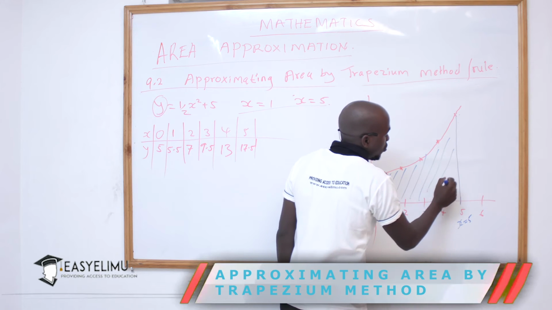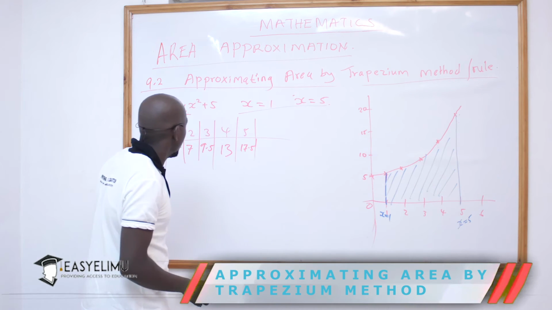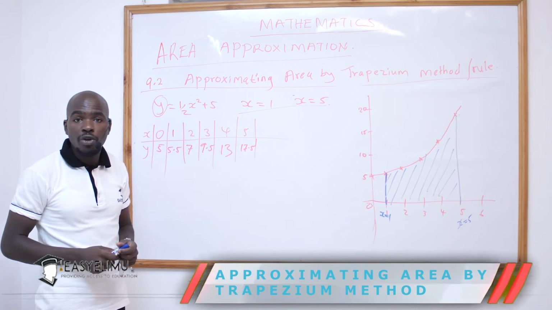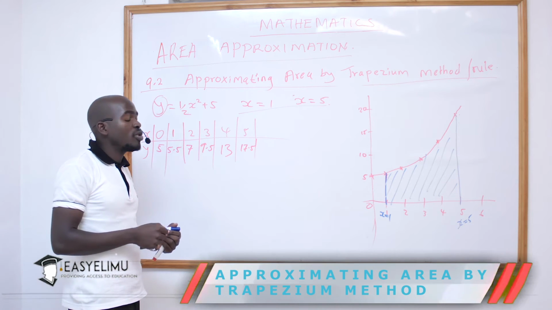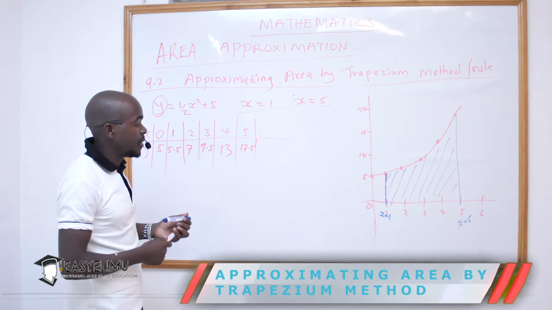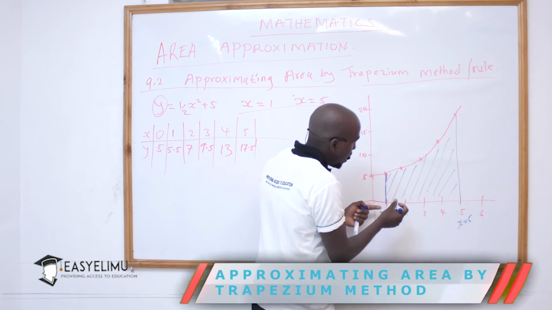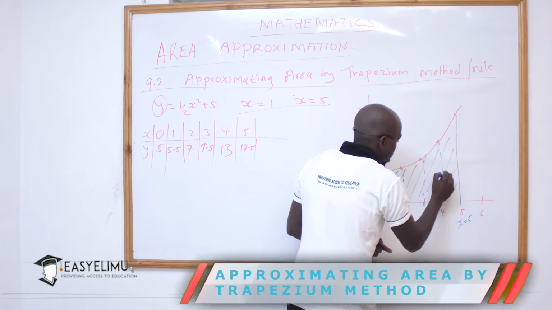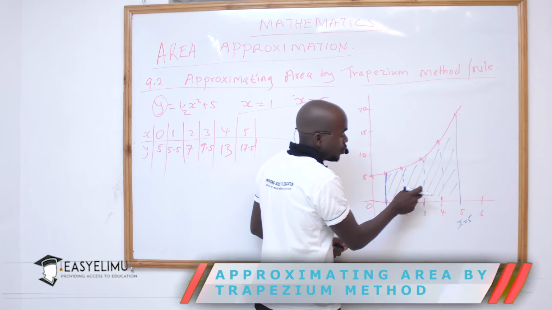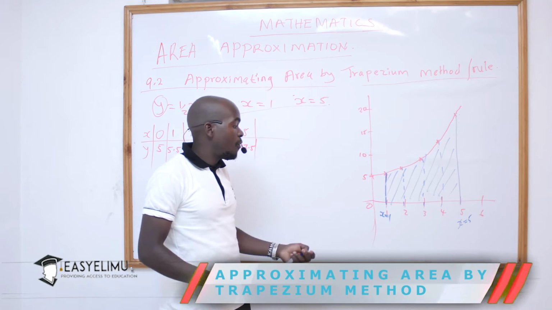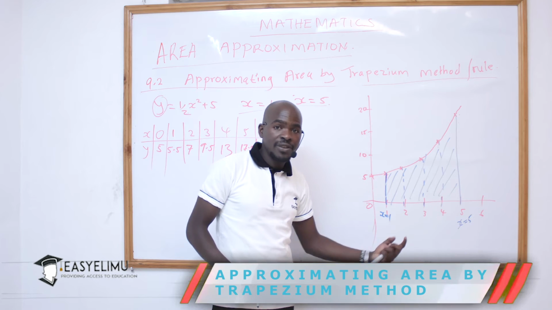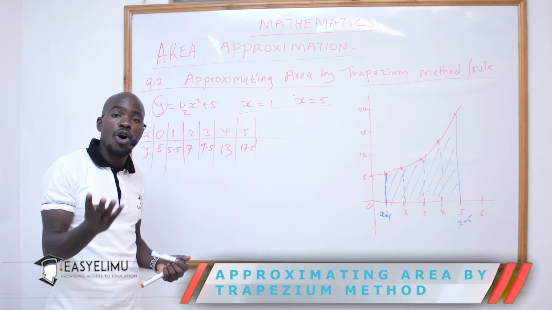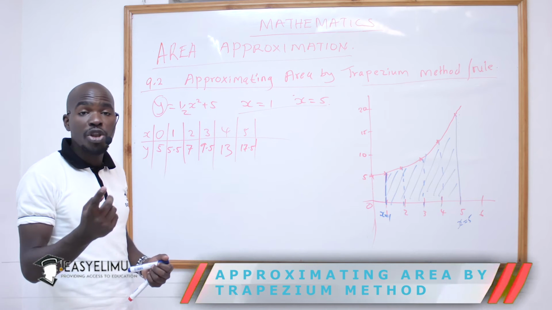And we have been told to find it using the trapezium rule. Here what we shall do, we can divide it into an equal number of strips, and the strips should have equal base measurement. We can decide to divide it in this way, so that we arrive at 1, 2, 3, 4 strips of 1 unit each.